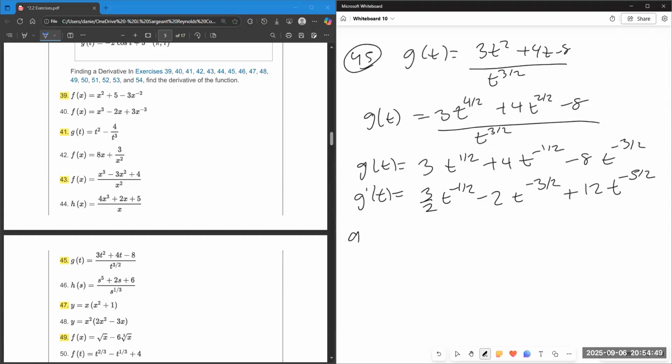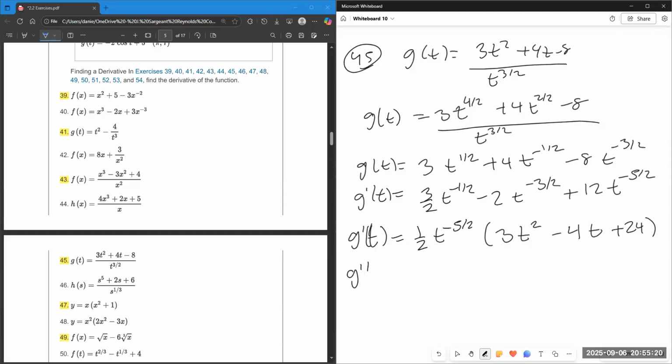Let's pull out 1/2 t to the negative 5 halves, and this will be 3t to the 4 halves, so that's t squared, minus 4t to the 2 halves, so that's t, plus 24.